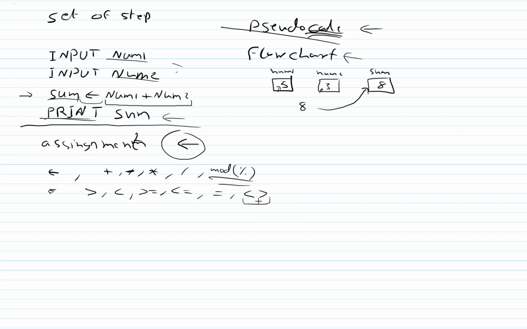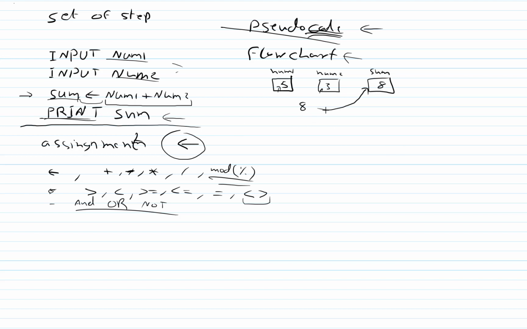We use it this way. Also, you need to be aware of other operators like logical AND, OR, and NOT. We might talk about this later. So if you know these operators, you can start writing pseudocode or algorithms.